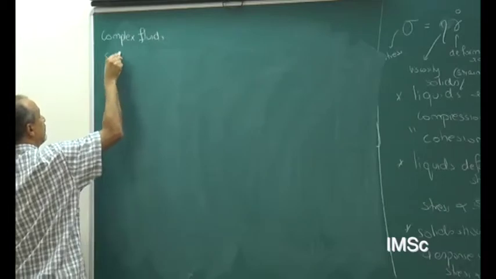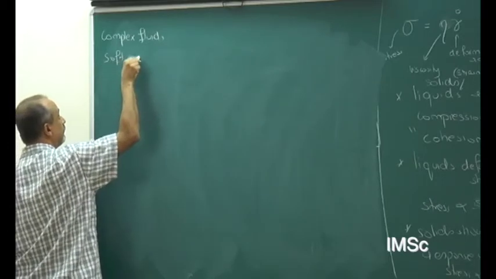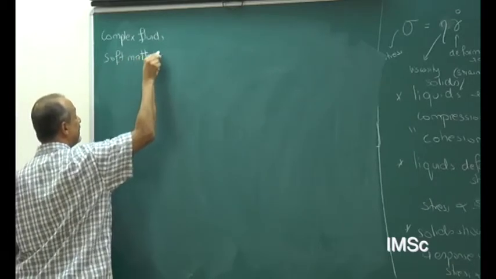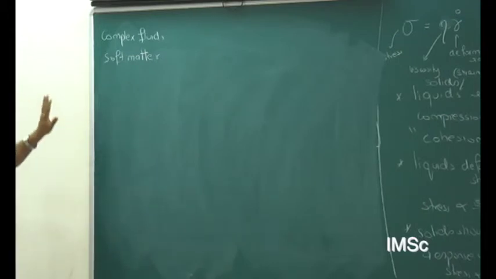Sometimes they're also called soft matter. In fact, a biophysics course is often really about soft matter, the fact that biological systems can, for a lot of practical purposes, be described as soft matter.